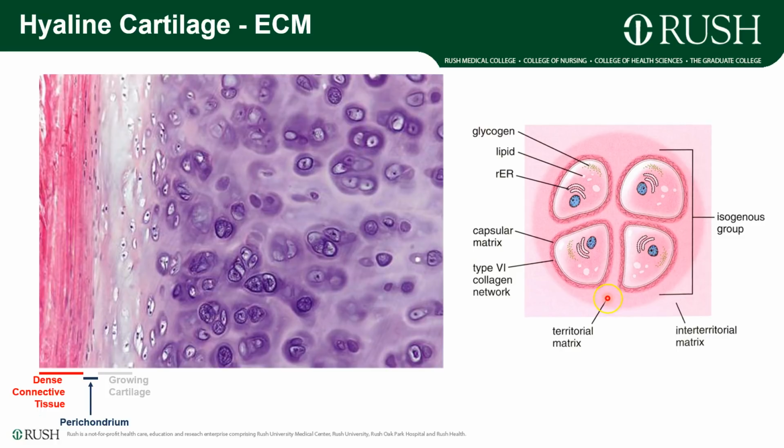Moving further away in the matrix, you have the territorial matrix, which is a little lighter staining than the capsular matrix, and you can see that around the cells all over here. As we move away from that, you see some interterritorial matrix, which appears as the lightest of the whole group, and you can see it right around here.